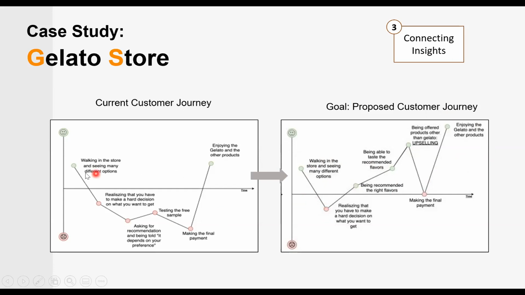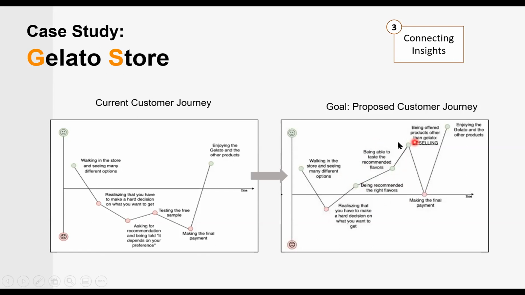How? If we see here, walking in the store is the same. And then the next one, it's negative because when you come there, you need to decide what kind of flavor I want to get. This can help the experience in being recommended the right kind of flavors by the servers. And then the experience can get much more pleasant when you taste it, you like it, right?